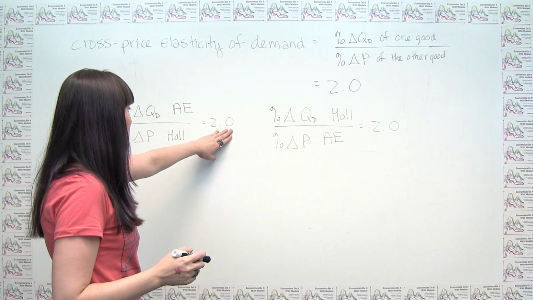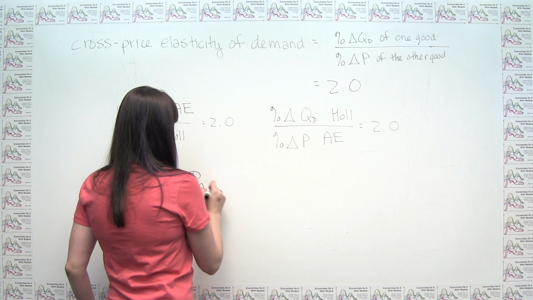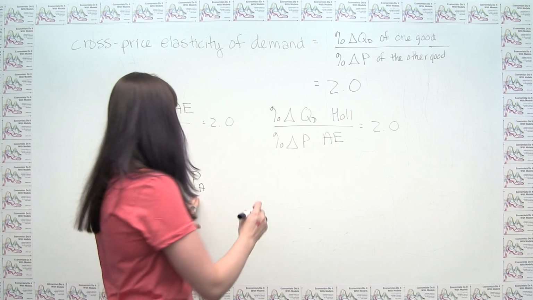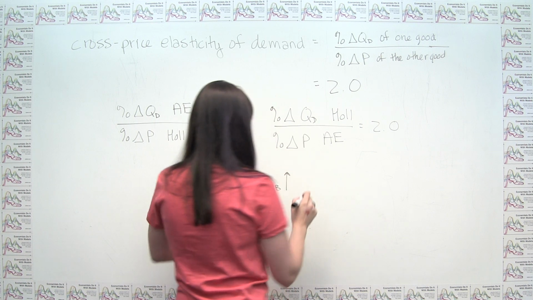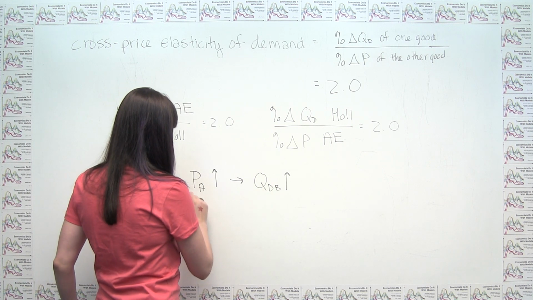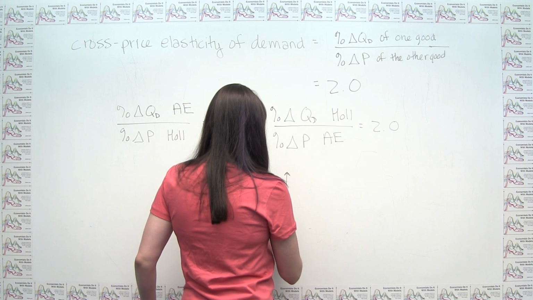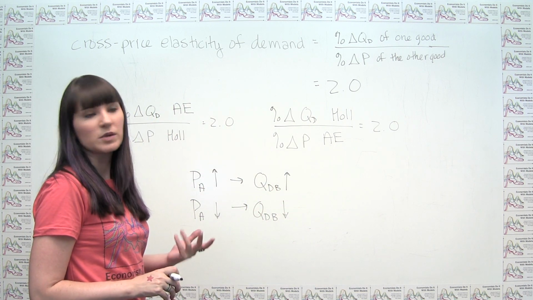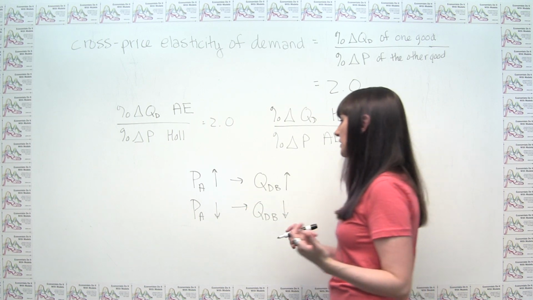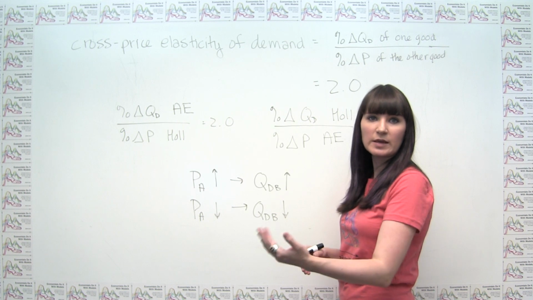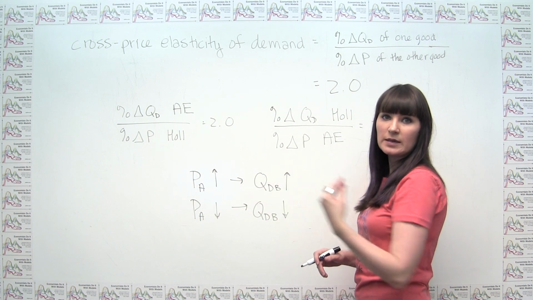Because we're getting a positive ratio, the relationship must look like this: if we have a price increase for one of the companies, just call it A, we get an increase in the quantity demanded for company B. Or if we saw a price decrease at company A, this would lead to a decrease in the quantity demanded, all else being equal, at company B. And if you remember back to our determinants of demand, rather than saying the quantity demanded increases or decreases, what we're really saying is that an increase or decrease in price at one of the companies shifts the demand at the other company.